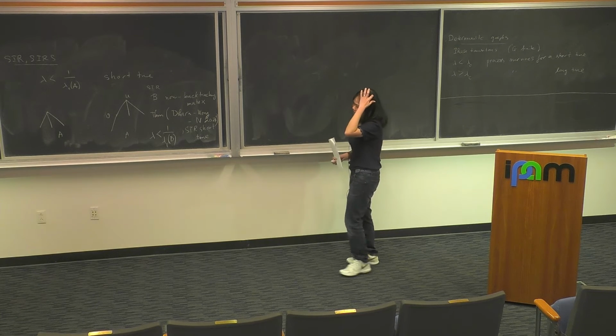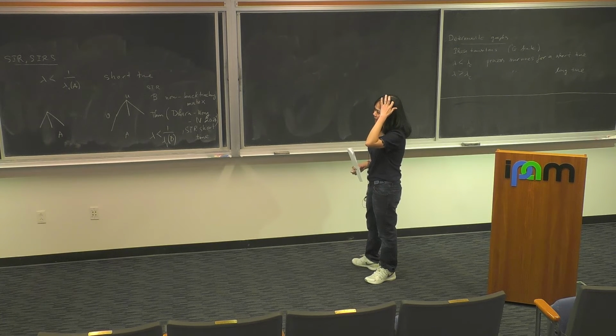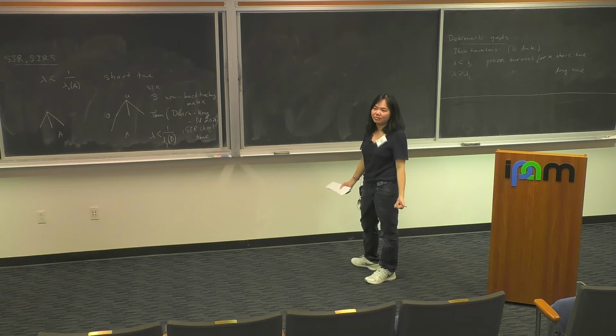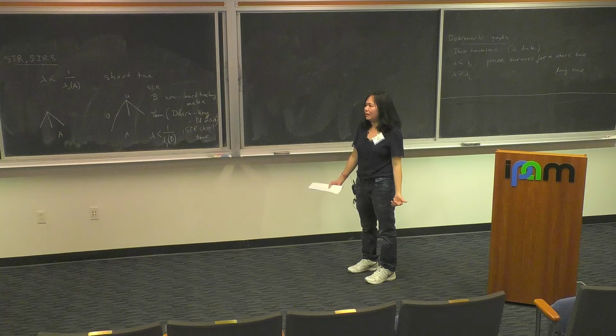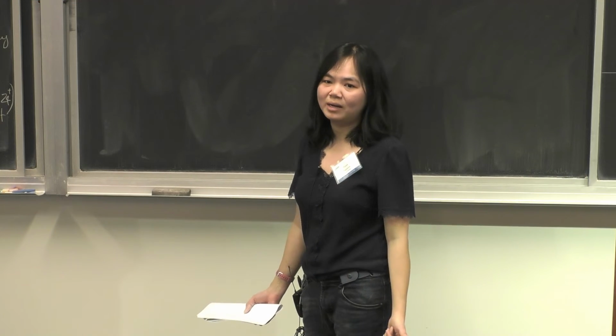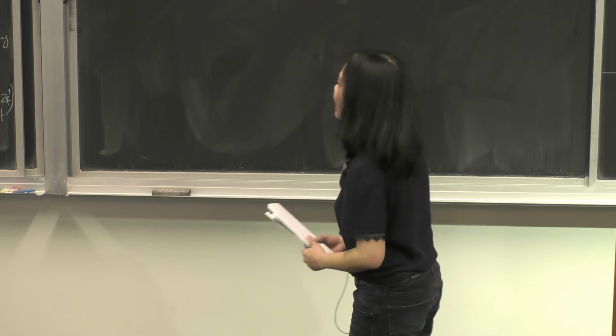So anyway, what I want to say is, when you just have any deterministic graph, we don't know a lot about where the transition happens.